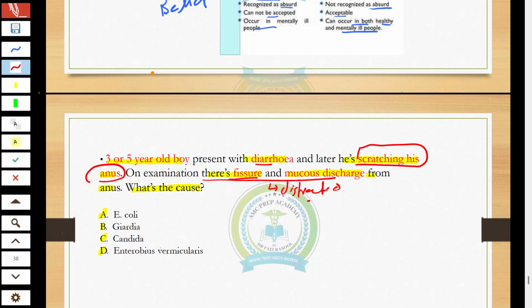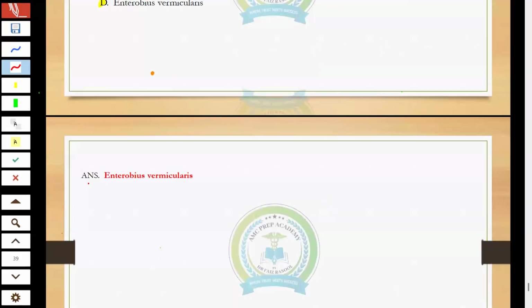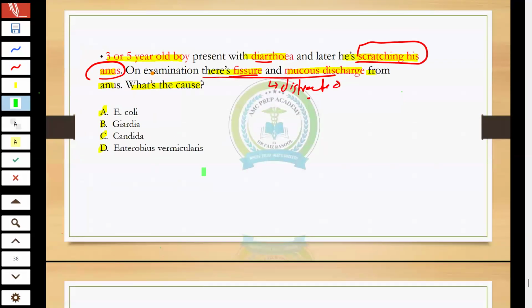So, what is your diagnosis? Okay, majority with D. So, the answer is Enterobius vermicularis. So doctors, see here, for example, in case of giardiasis, the patient usually presents with bloating.